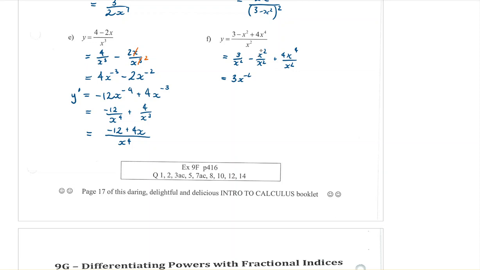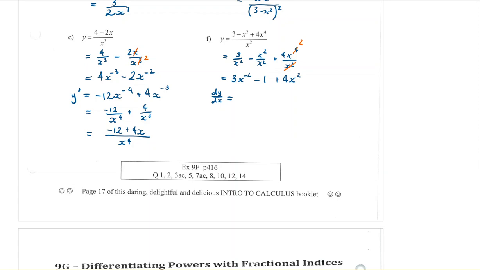The second term, x squared over x squared, would cancel out and I would just have negative 1. And the final term, x squared on the bottom, would cancel with 2 of those, and I would just have a positive 4x squared. Now that all my fractions are taken care of, I can differentiate dy over dx.